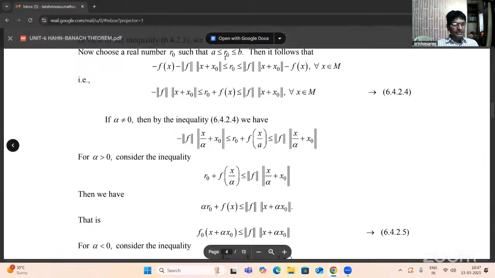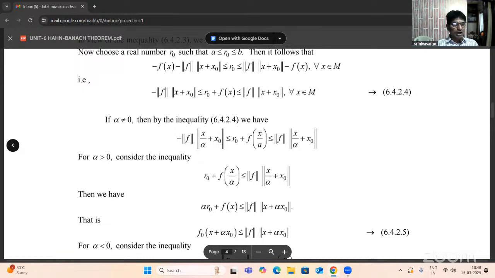Now we add plus f of x on both sides, which cancels the minus f of x.